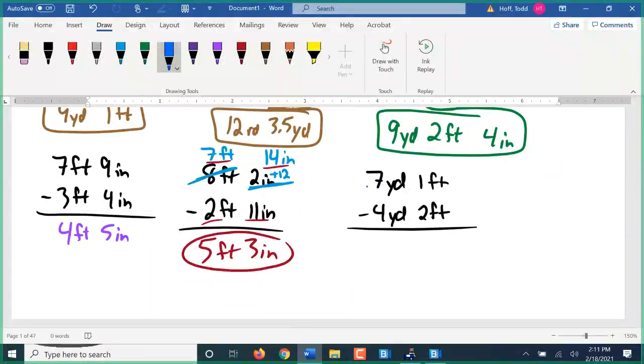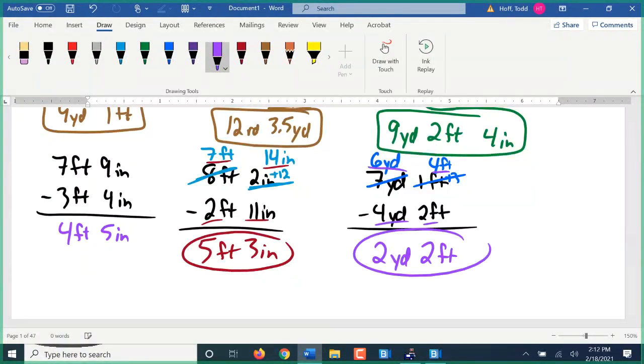So I'm going to borrow from the 7 yards. That becomes 6 yards. Now remember that 1 yard contains 3 feet. So 1 plus 3 makes 4 feet now. And now I can subtract. 4 feet minus 2 feet is 2 feet. 6 yards minus 4 yards is 2 yards. So we get a difference of 2 yards and 2 feet.